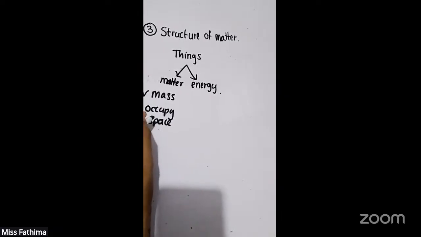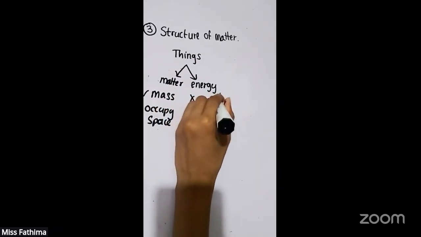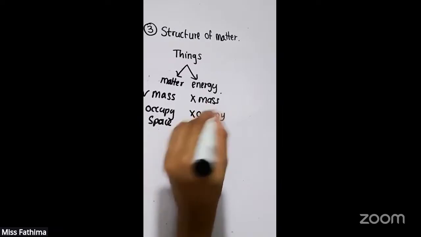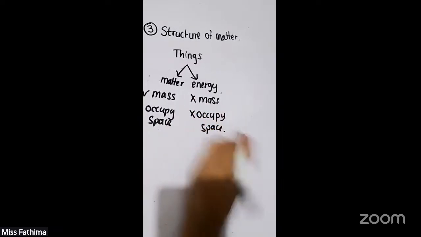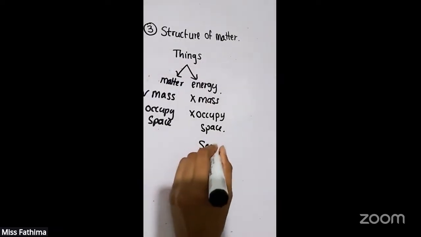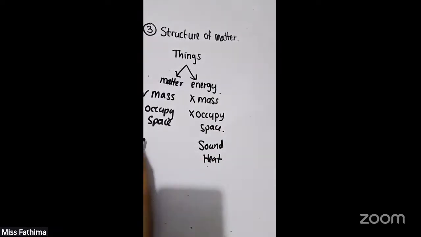The opposite of that is energy. If they don't have a mass and they don't occupy space, then you call that energy. For example, sound and heat come under energy. Matter includes air, liquids, and any other objects that you see with your naked eye.